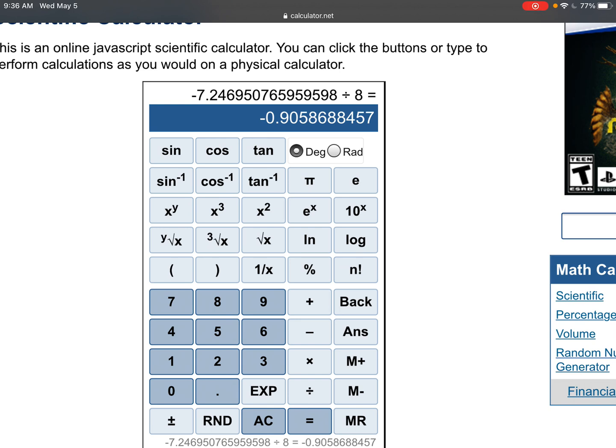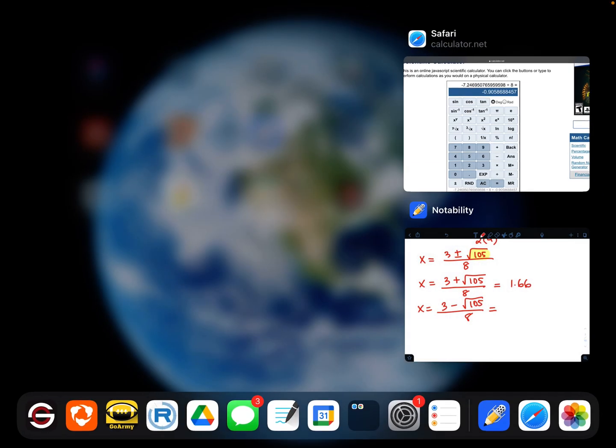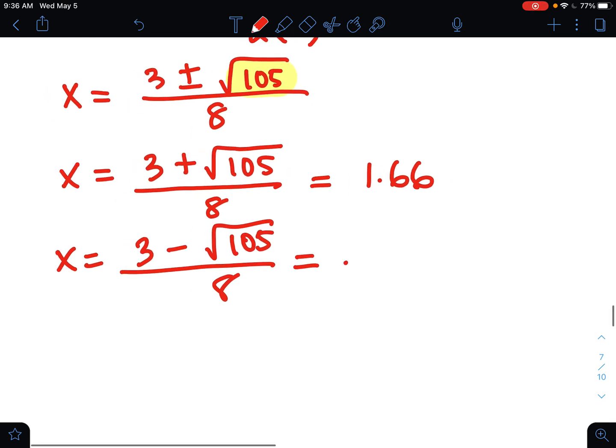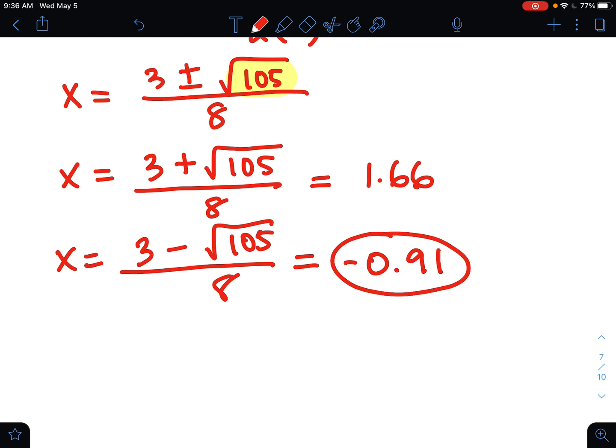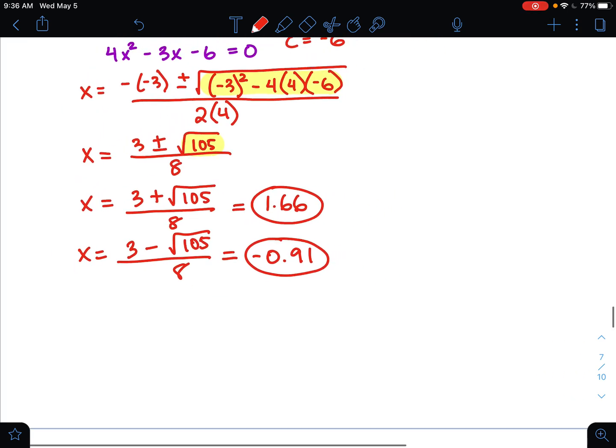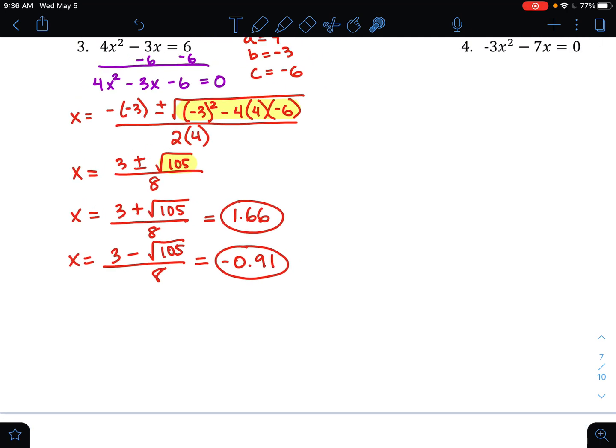I think it's going to get it. All right, negative 0.91058. Round to 2 spots, so that would be negative 0.91. And there are your 2 solutions. Okay, so I didn't want to round 105 and then round again because I might have an error due to rounding, so I would recommend we calculate it this way.